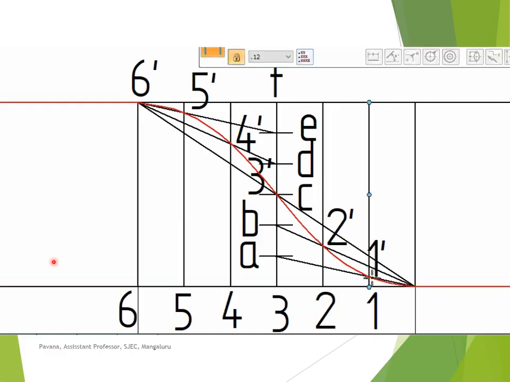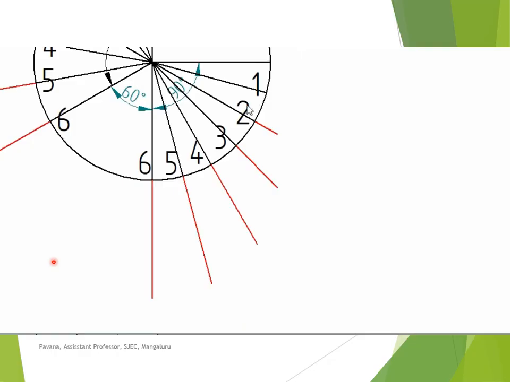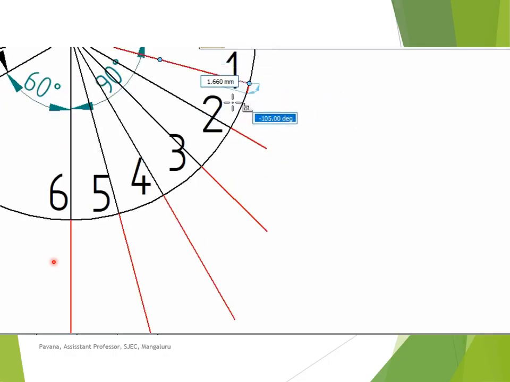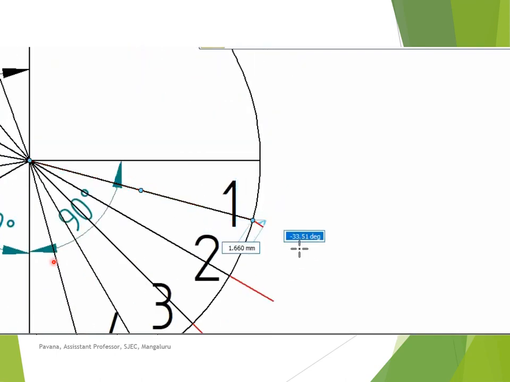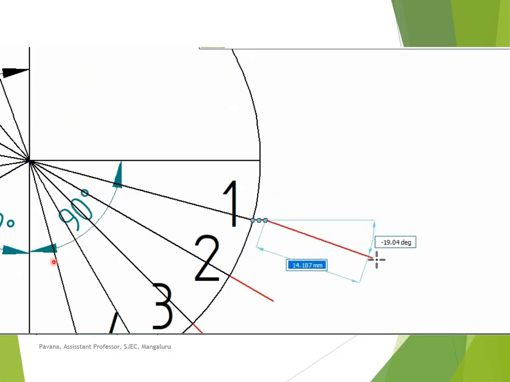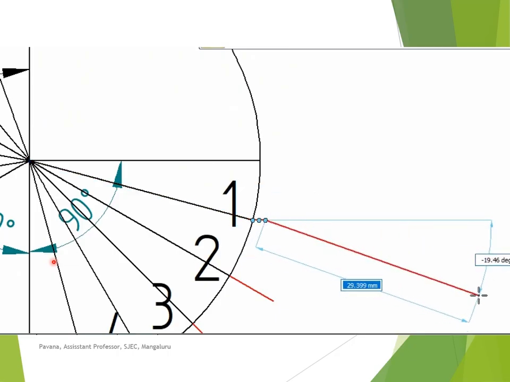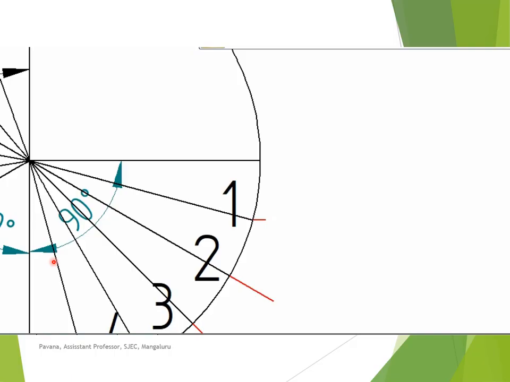Last one, the 1 dash distance. It is 1.66 mm. So join that to this point. Straight line, so be careful. Sorry. It should not come like this, inclined. I'll delete that and redraw it.